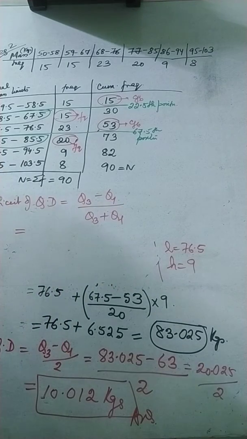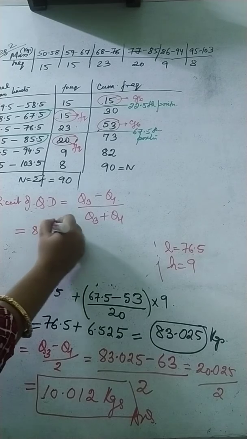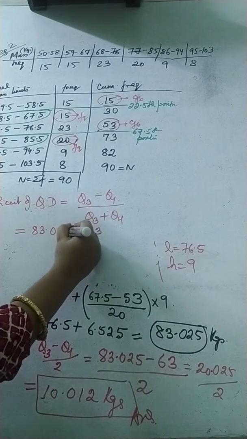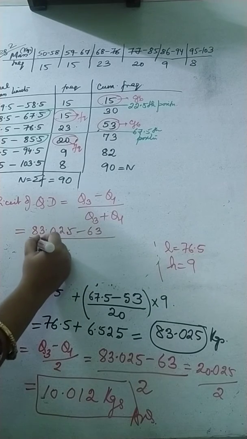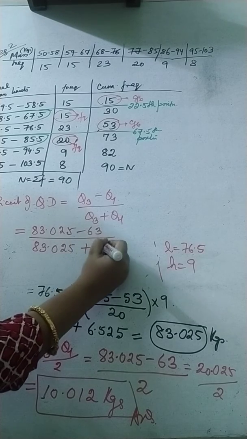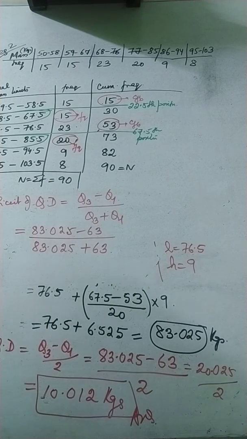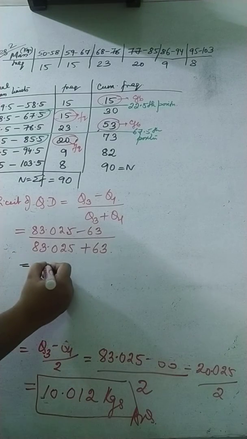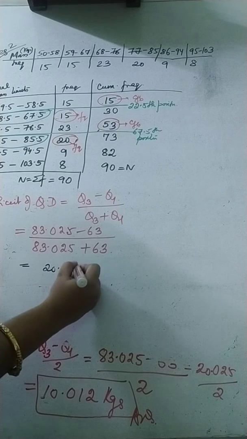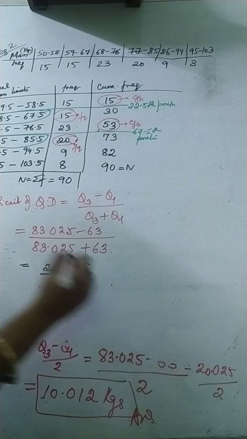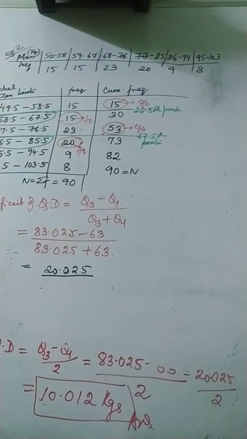That is equal to Q3 minus Q1 means 83.025 minus 63, and denominator is 83.025 plus 63. So that gives you how much? Numerator is 20.025, which we have utilized already. And can you see? Yes, you can see.